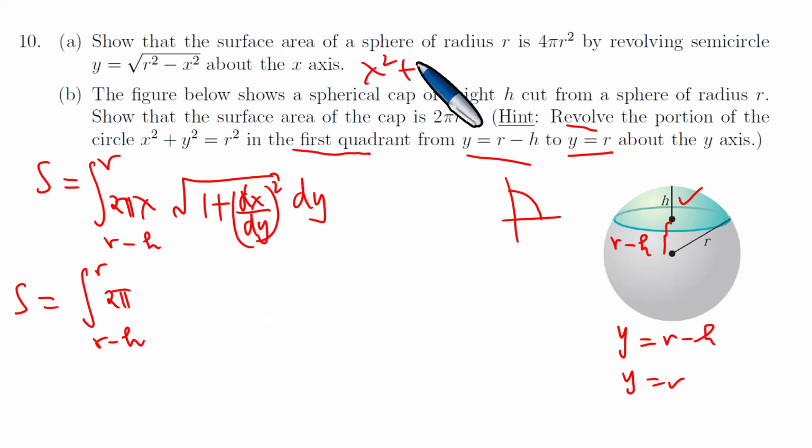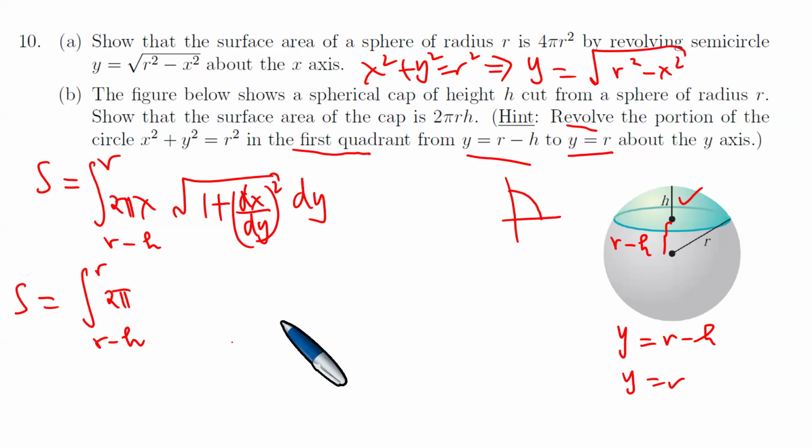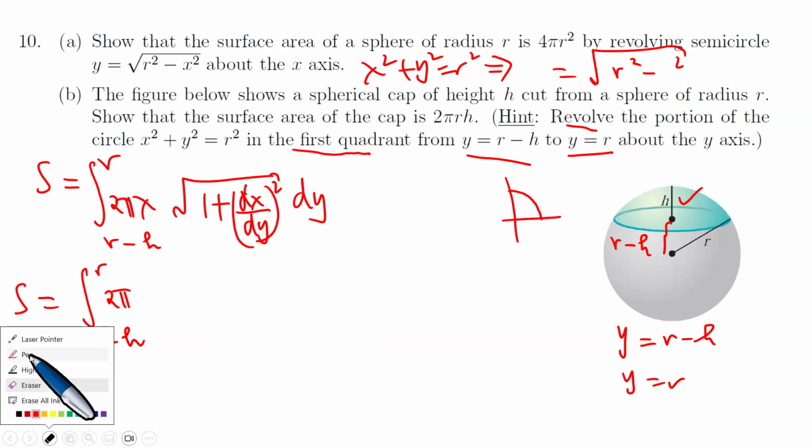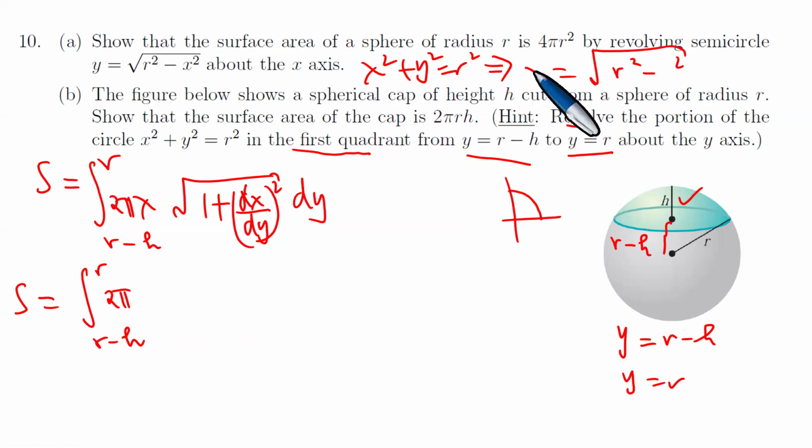The portion of this in the first quadrant, you need to make y the subject from the equation of the circle. From the equation of the circle in the first quadrant, you're going to have the square root of r squared minus x squared for the y. And then you can also make x the subject, which is what we want. But also x is positive there.